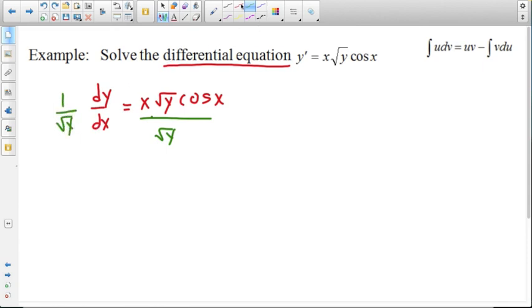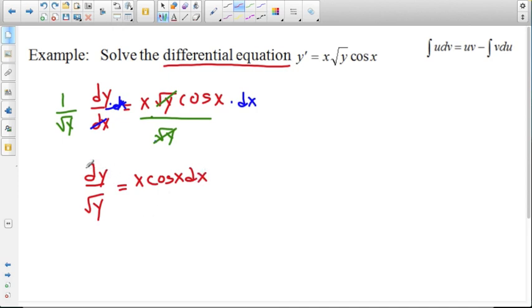And we're going to re-express the differential dx on the opposite side so that we can get it into a differential expression. And so when we rewrite this, we end up with dy over the square root of y equals x cosine x dx.